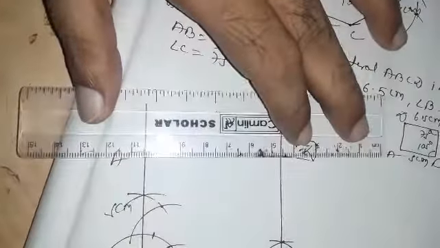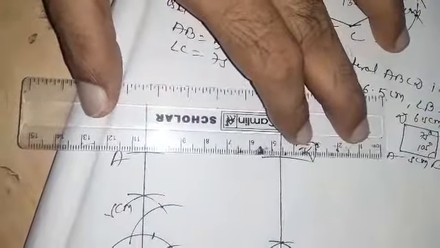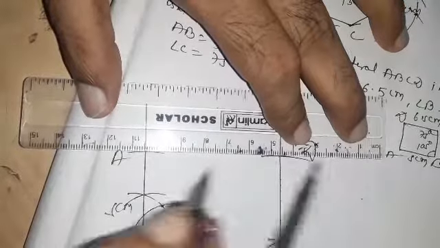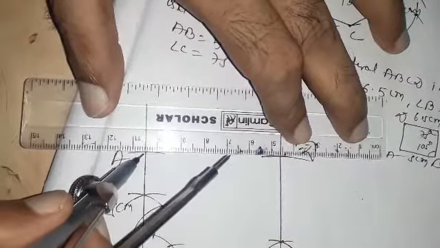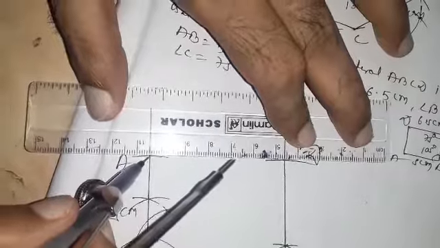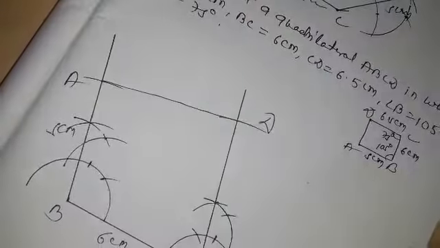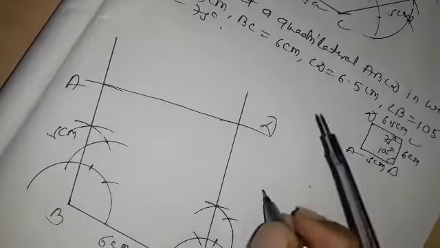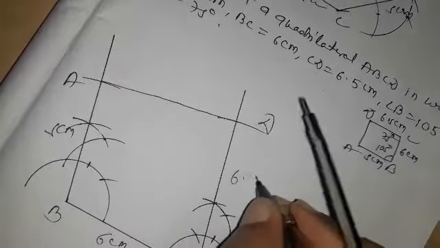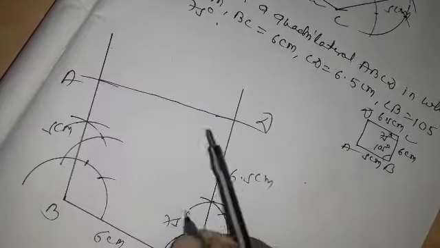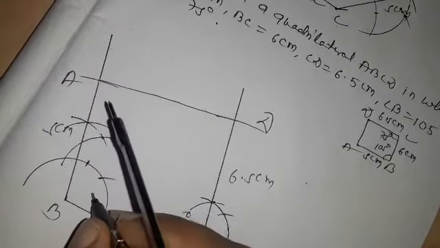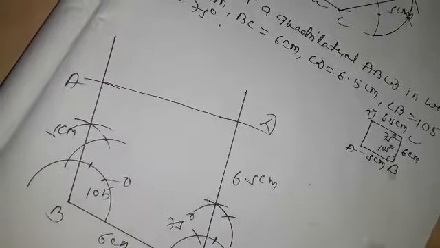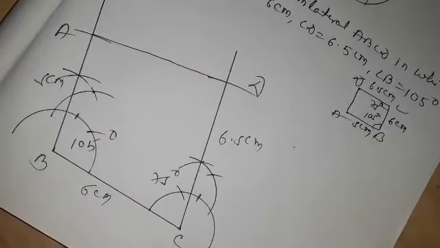Thus ABCD is the required quadrilateral, and CD is 6.5 centimeters. This is 75 degrees, this is 105 degrees. Thus ABCD. Thank you, children.